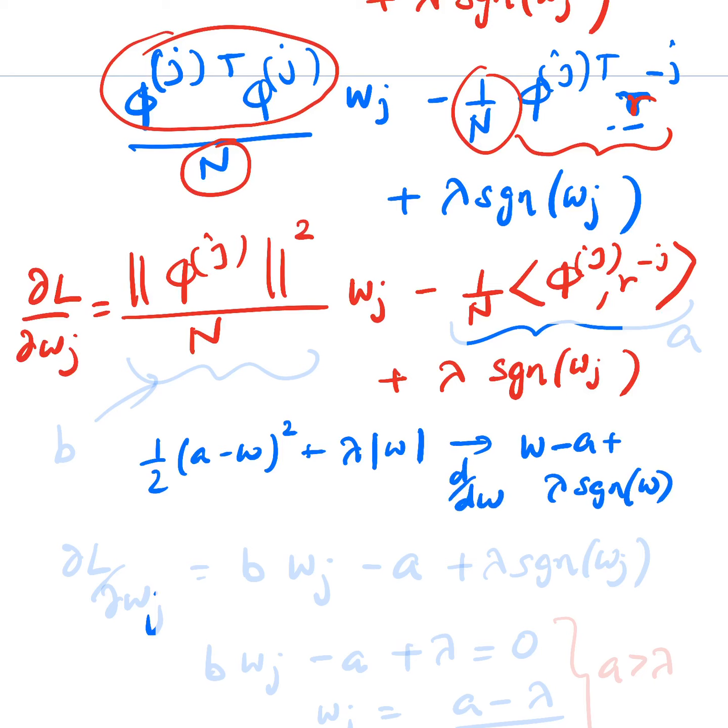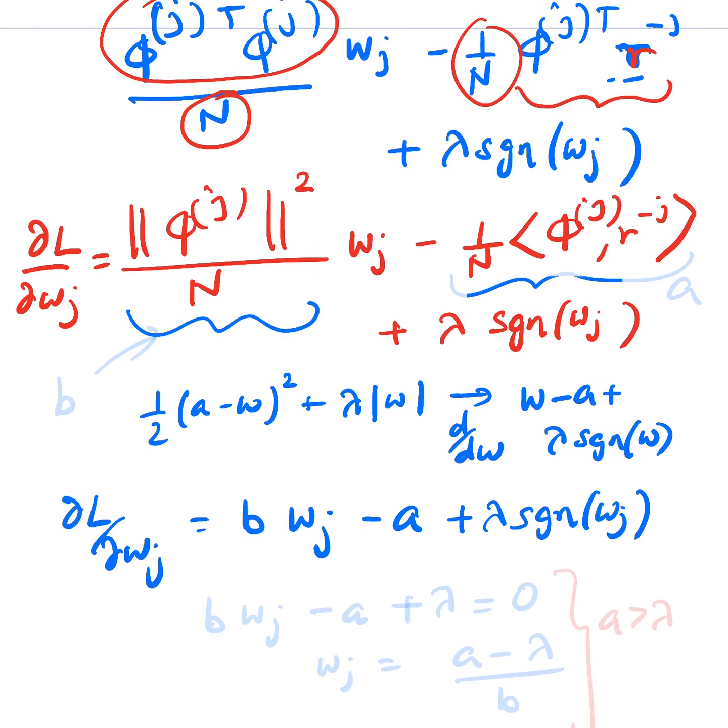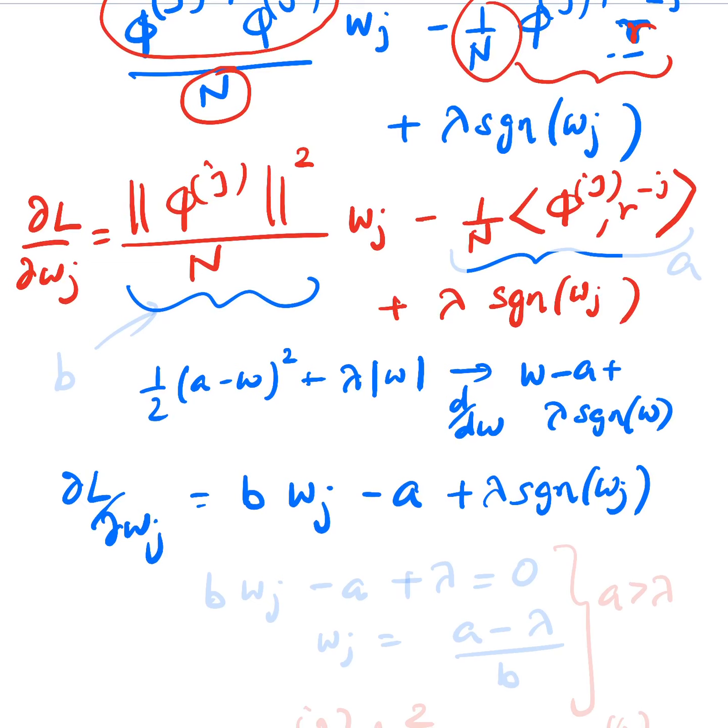Now I have some positive number multiplying the w term. So my del L by del wj is some b wj minus a, plus lambda sign of wj, where this is my b term and this is my a term.